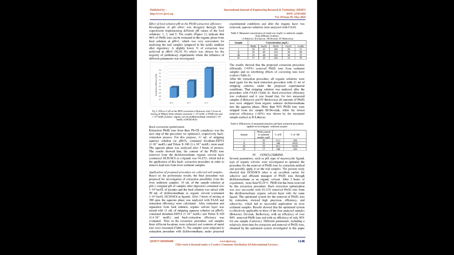Effect of feed solution pH on the Pb2+ extraction efficiency. The pH effect was investigated through 3 experiments implementing different pH values of the feed solutions: 1, 3, and 5.